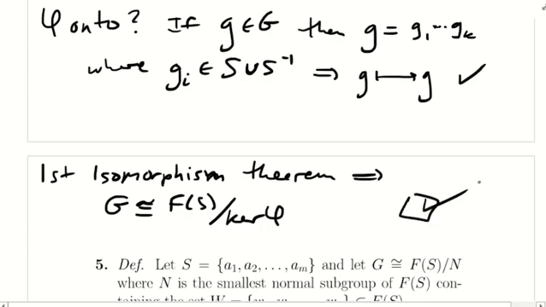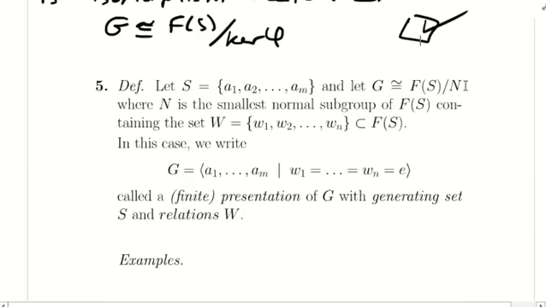Okay. And so we say that G is isomorphic to a factor group of a free group, but here I'm going to let N be the smallest normal subgroup that lives inside the free group that contains some generating set of the kernel.